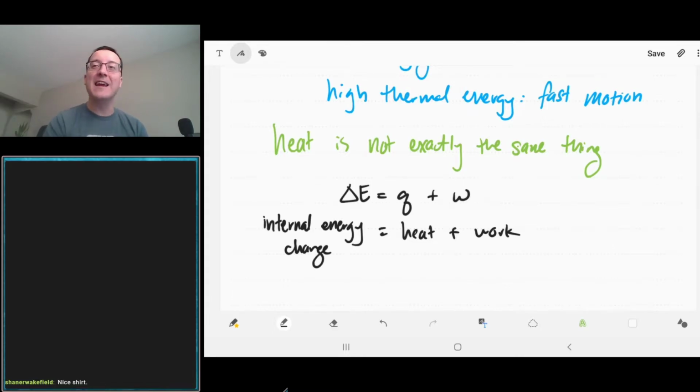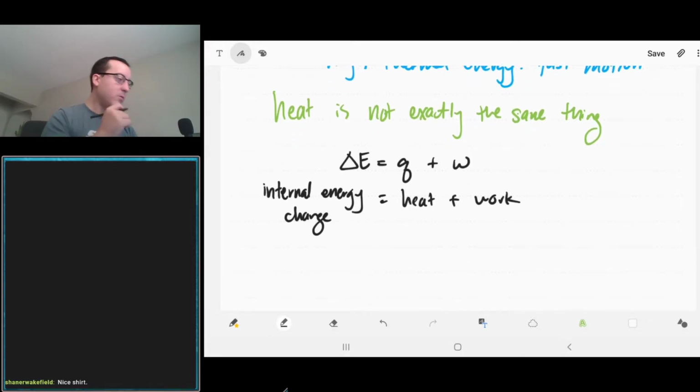Or if we are gaining energy, we're either getting heat or having work done to us. We talked about system and surroundings yesterday, and so we were able to talk about these signs as well. We remember that a negative delta E is going to be exothermic, and a positive delta E was endothermic, right?